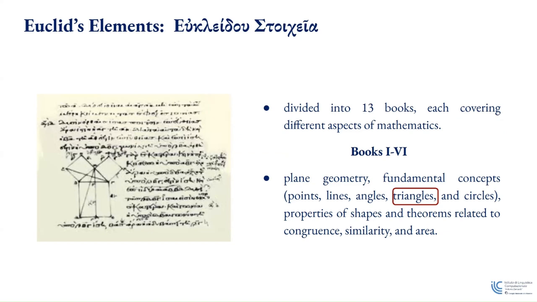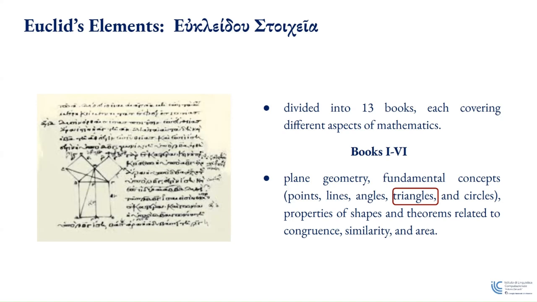Today, we will focus on the first 6 books, because Euclid in his first 6 books gave a lot of definitions. He defined plane geometry, fundamental concepts, for example, related to points, lines, angles, triangles, circles, etc. He specified all the properties of shapes and theorems related to congruence, similarity, and area.